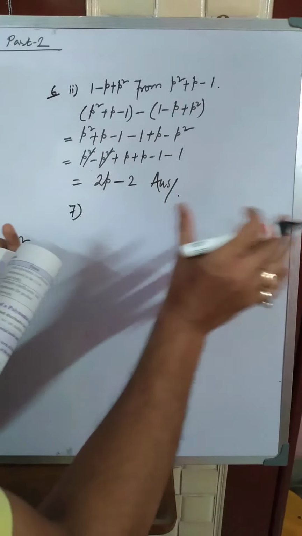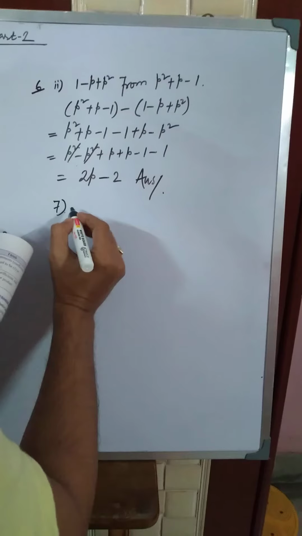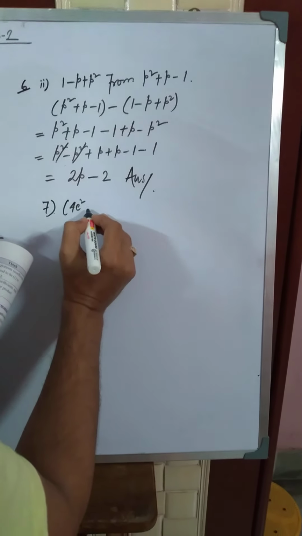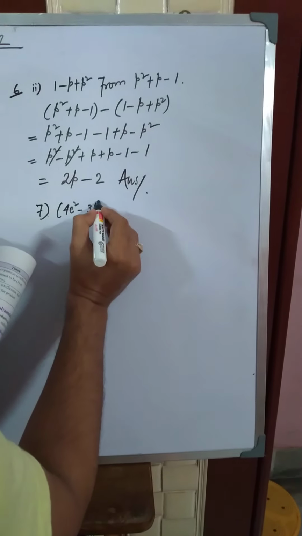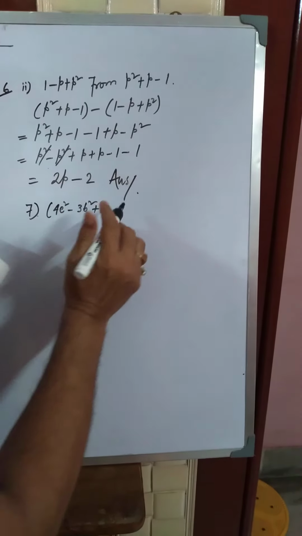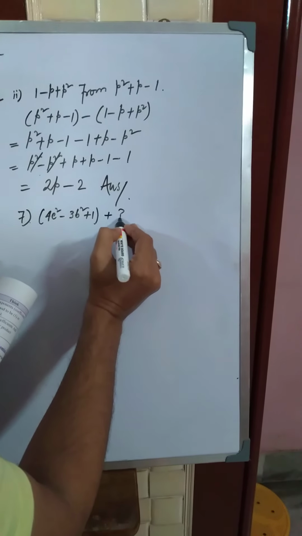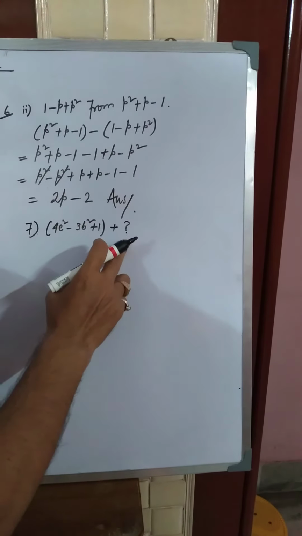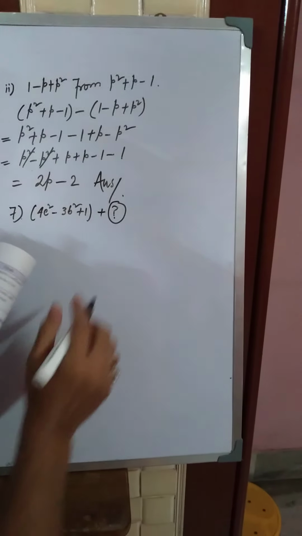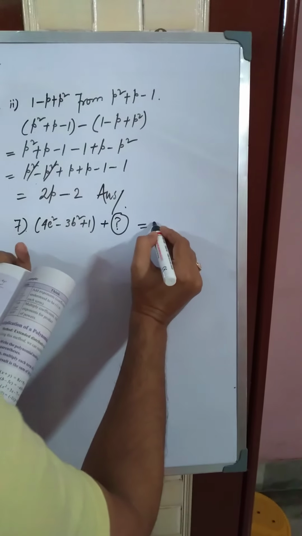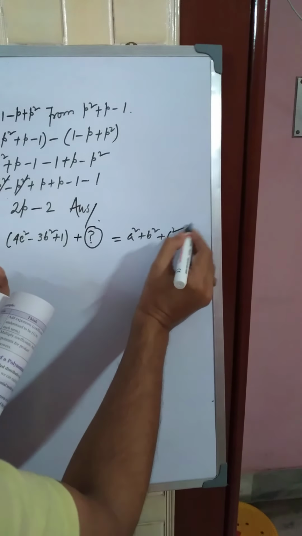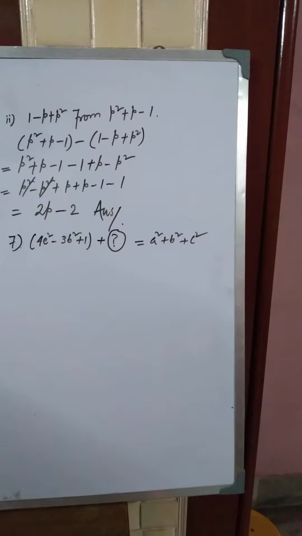If I write it in the simplification form: 4c square minus 3b square plus 1. Now with this term, what should be added? So I'm giving you the question mark. You have to find this question mark to get the result: a square plus b square plus c square.